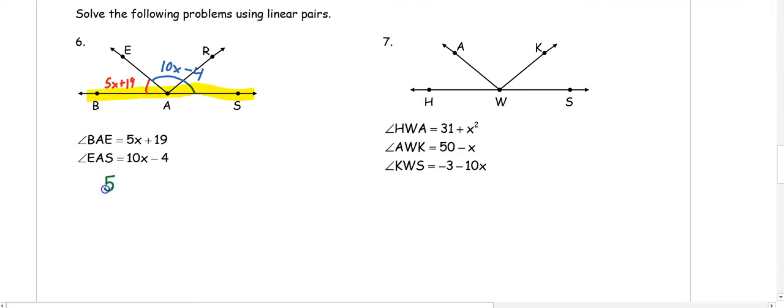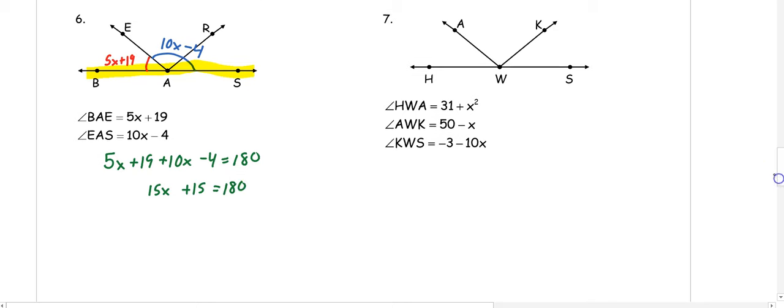So to solve for x, we're going to add these two angles together and set it equal to 180. So when I combine like terms, 15x plus 15 equals 180. We can subtract 15 from both sides, so 15x equals 165. And when I divide by 15, we get that x is 11.